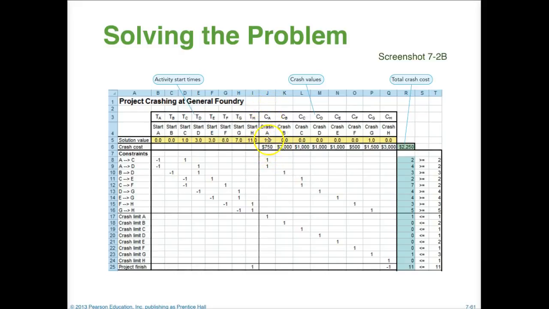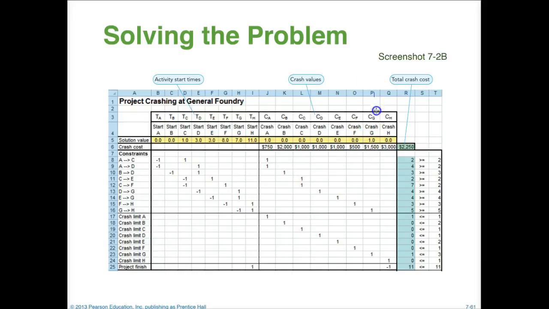And then of course, by how many weeks are we going to crash? So for activity A, we're going to start at the beginning, and instead of making that a 2-week activity, we're going to make it 1 week. And similarly for activity B, we're not going to crash that at all, so we keep that as normal.